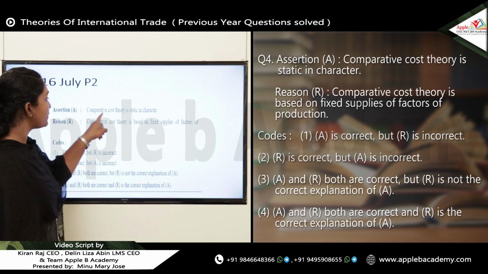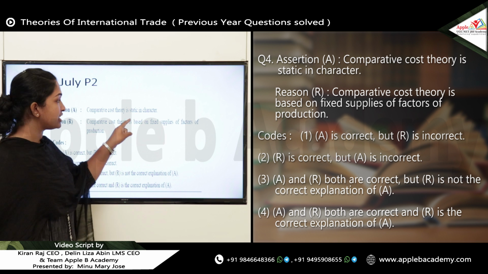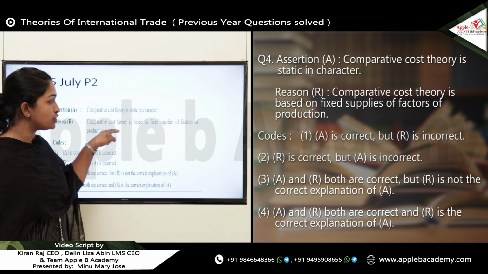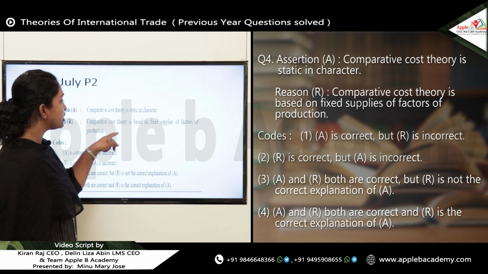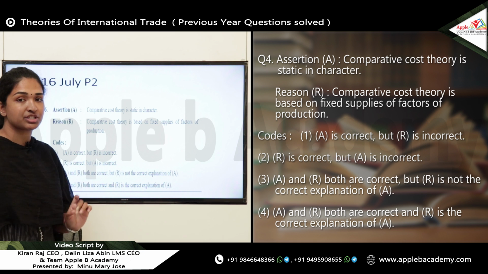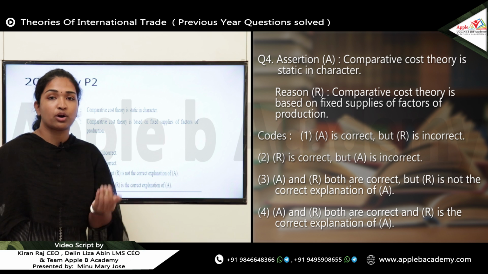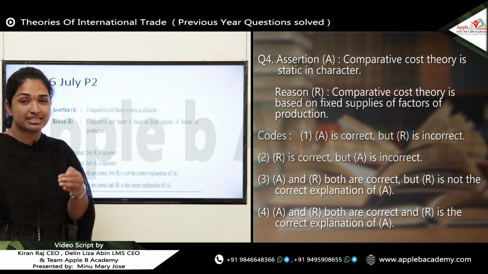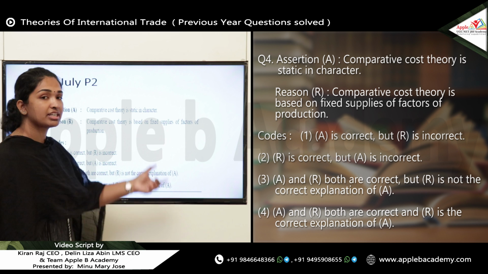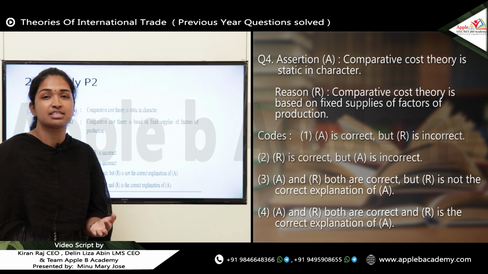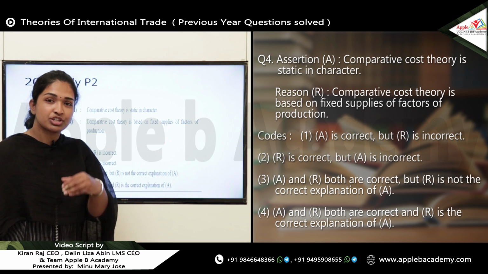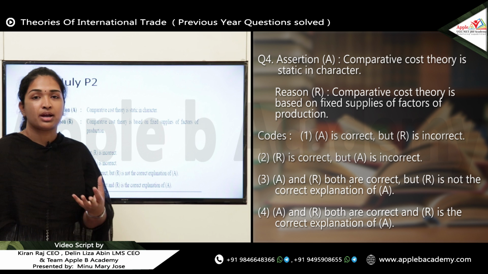So we know that comparative cost advantage theory is static in nature. Yes, we know that it is true. And the second one, it is based on the fixed supplies of factors of production. For an economy to be static, it means that the factors of production maintain a constant or stable supply all through the time.